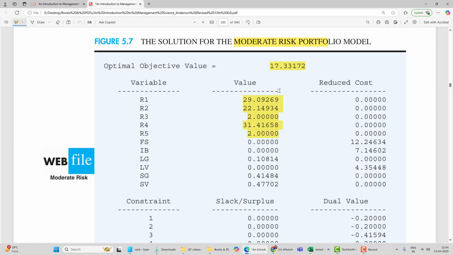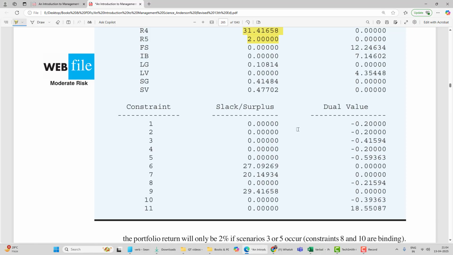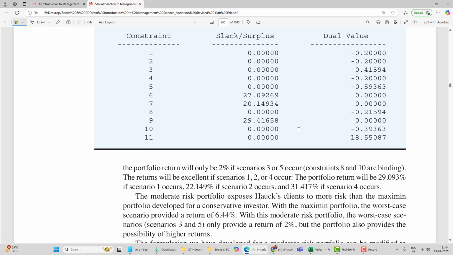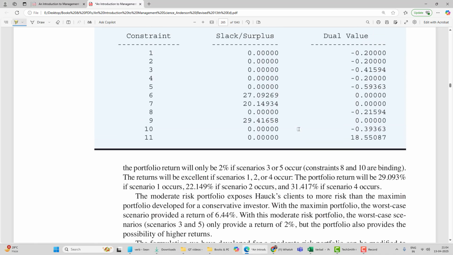So overall we can say the return is 17.33, but the customer is never going to see 17.33 as the total value. He will either see 29 or 22 or 31 or 2. So this is the moderate risk portfolio, which is a modification of the conservative portfolio.